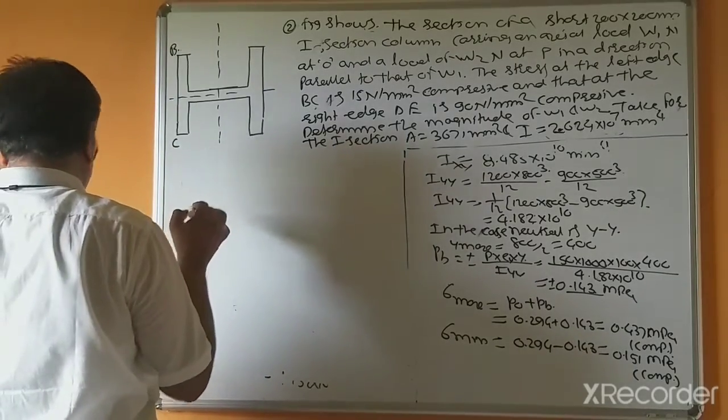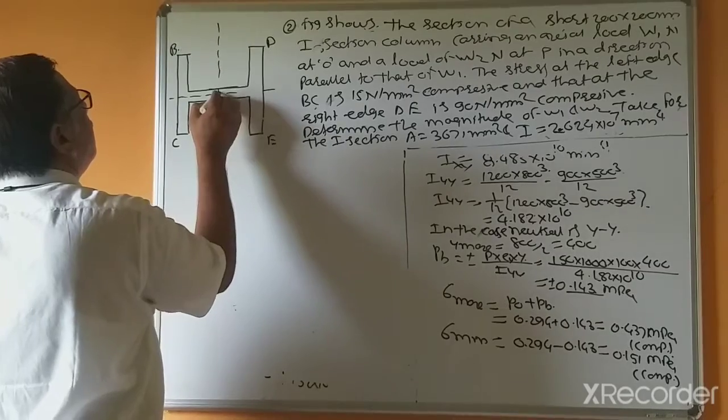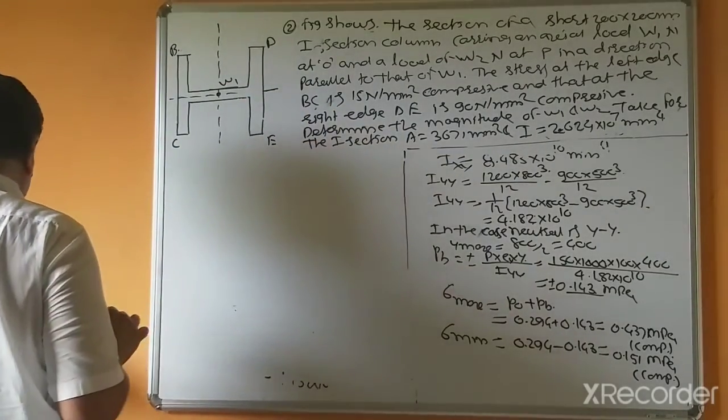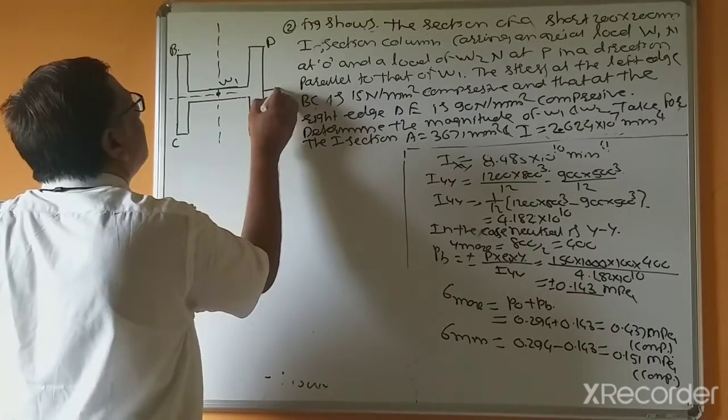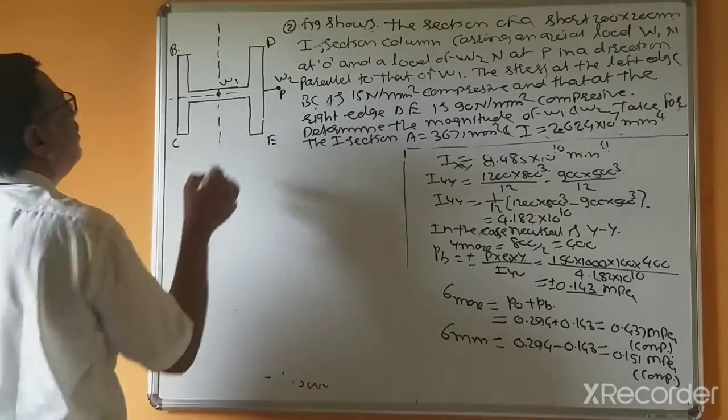BC, DE, here is load point W1 and this is P, W2.